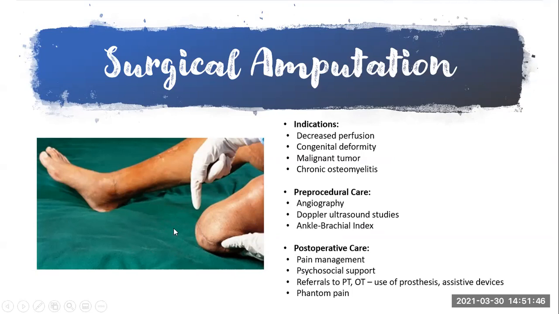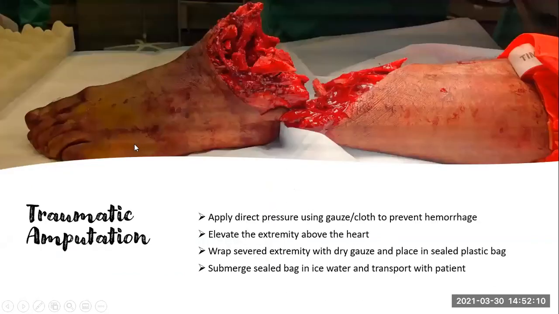It's one thing even to lose a finger, people have a hard time with that, let alone losing a whole leg or arm. A lot of self-esteem issues. Referrals to PT and OT to assist with use of prosthesis, and getting back to a normal life after loss of a limb, and phantom pain.